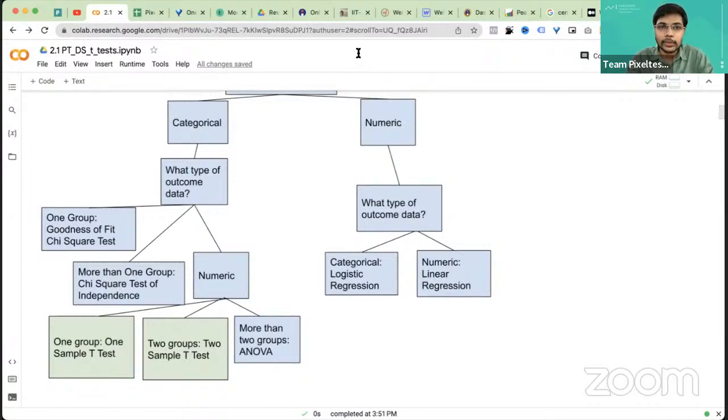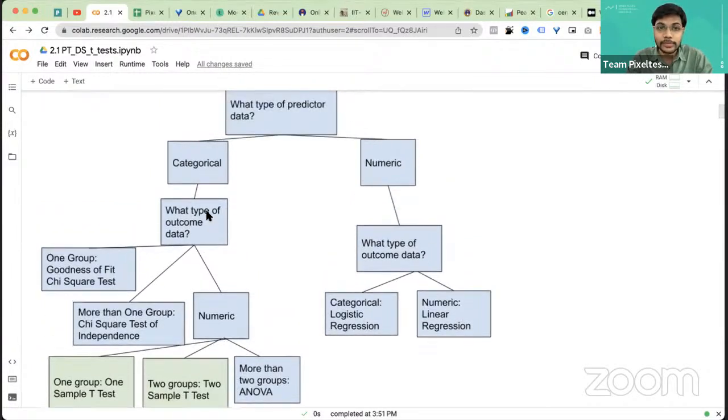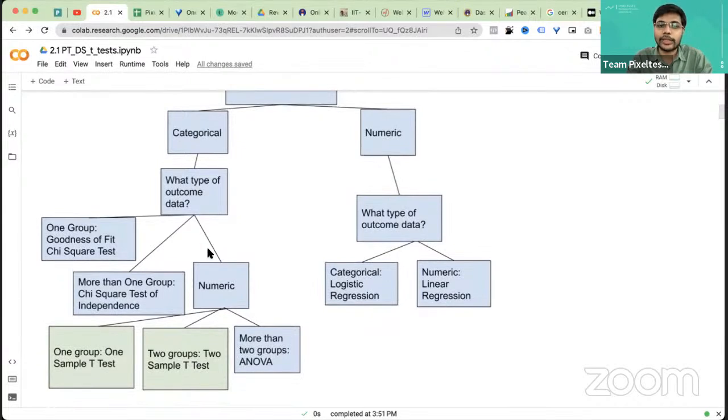We'll be going across this chi-square test and other tests, but right now we are going to cover the one sample t-test and two sample t-test, which come into this type of data where numeric data is available.